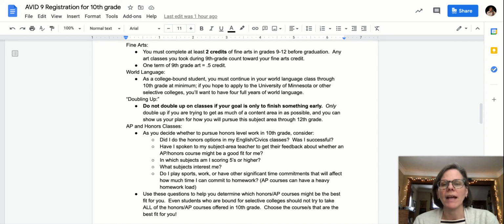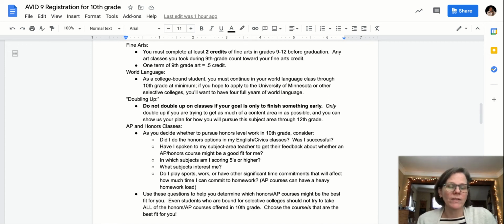World language, as a college-bound student, you have to continue in your world language class through 10th grade at the very minimum. If you are hoping to get into the University of Minnesota or any other selective colleges, that's Hamline, St. Thomas, Augsburg, for sure.